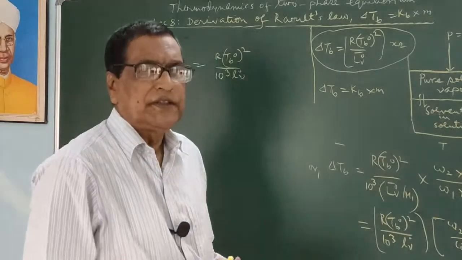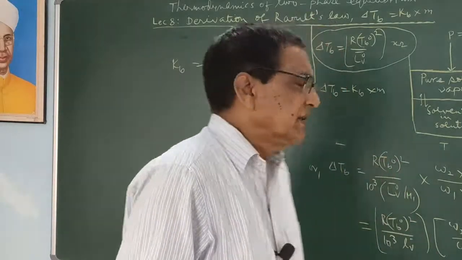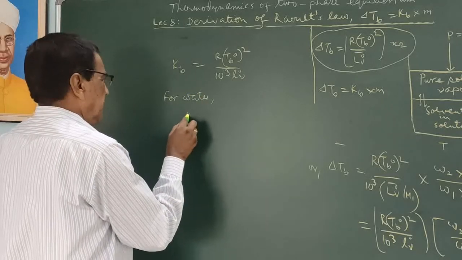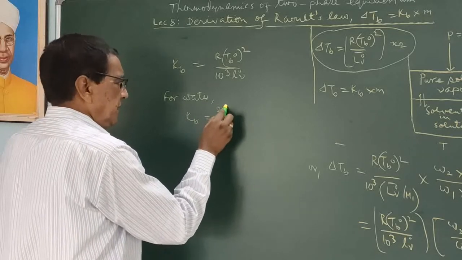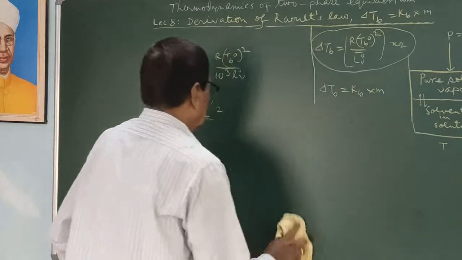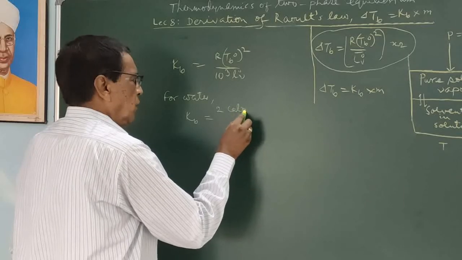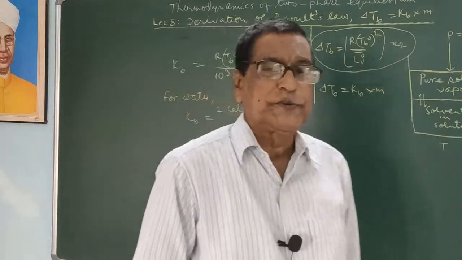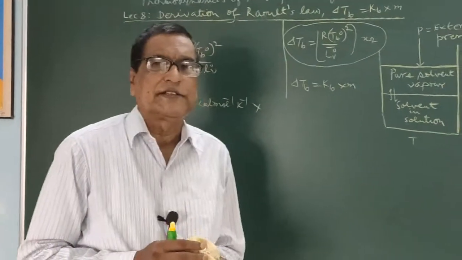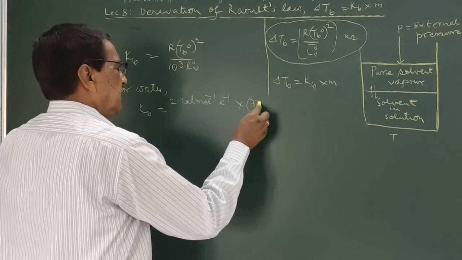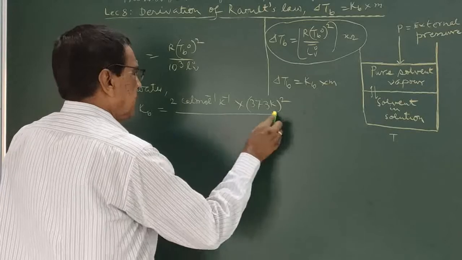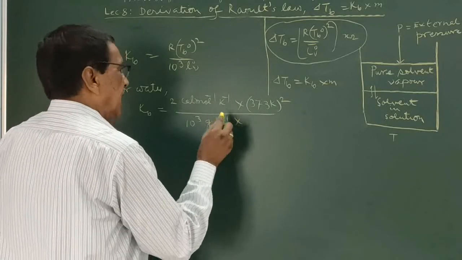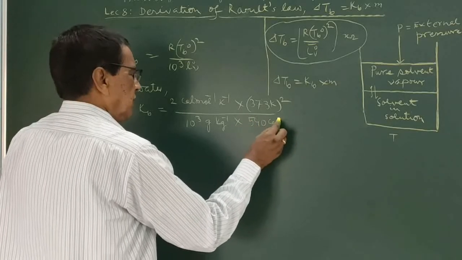If we would like to calculate the value of the molal elevation constant for water, then for water Kb equals R, you can write R calorie mole inverse Kelvin inverse into, if we consider the pressure is equal to 1 atmosphere, then the boiling point of this pure solvent is 100 degrees centigrade, or you can write 373 Kelvin squared, divided by 10³, its unit is gram kg inverse, and this one is 540 calorie per gram.